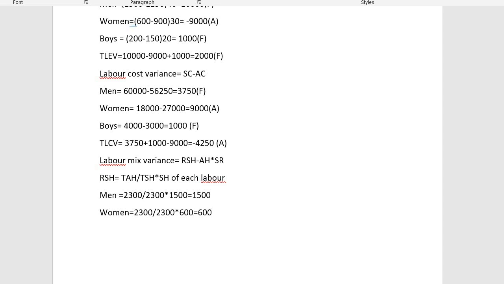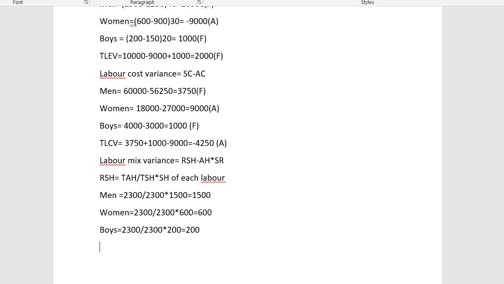The answer will be the same, 1 multiplied by 600. Next for boys, 2300 divided by 2300 into 200. The answer will be 200.